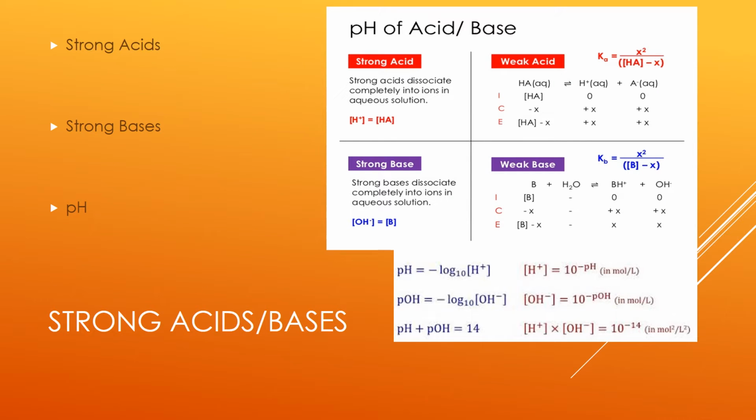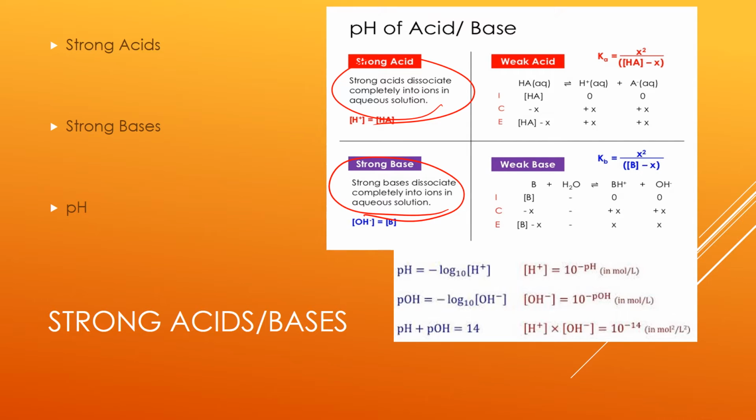The next thing is just knowing about strong acids and strong bases. Remember that strong acids dissociate completely in water. So all of your molarity, all of your concentration of the acid you're starting with is transferring into H+ ions. It dissociates 100%. The same thing happens with a strong base.